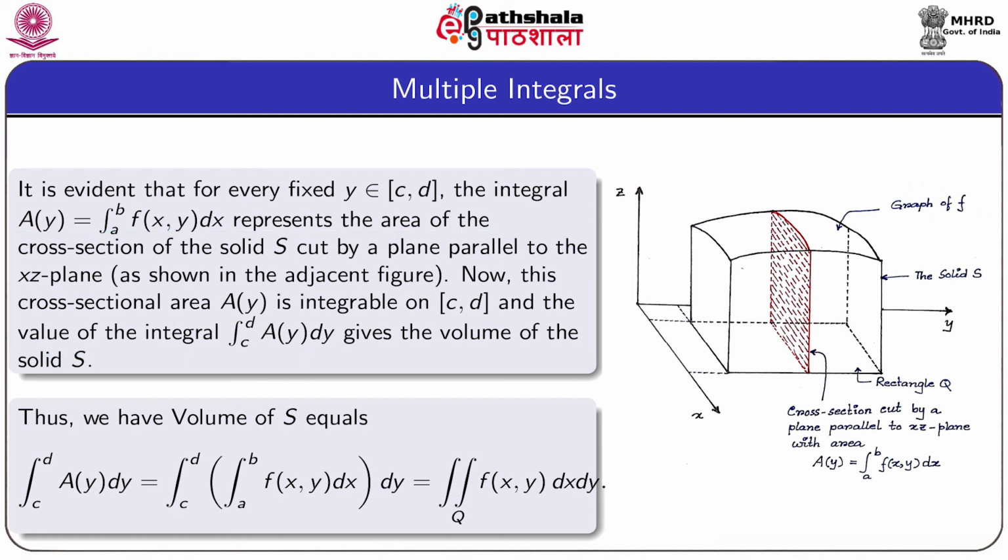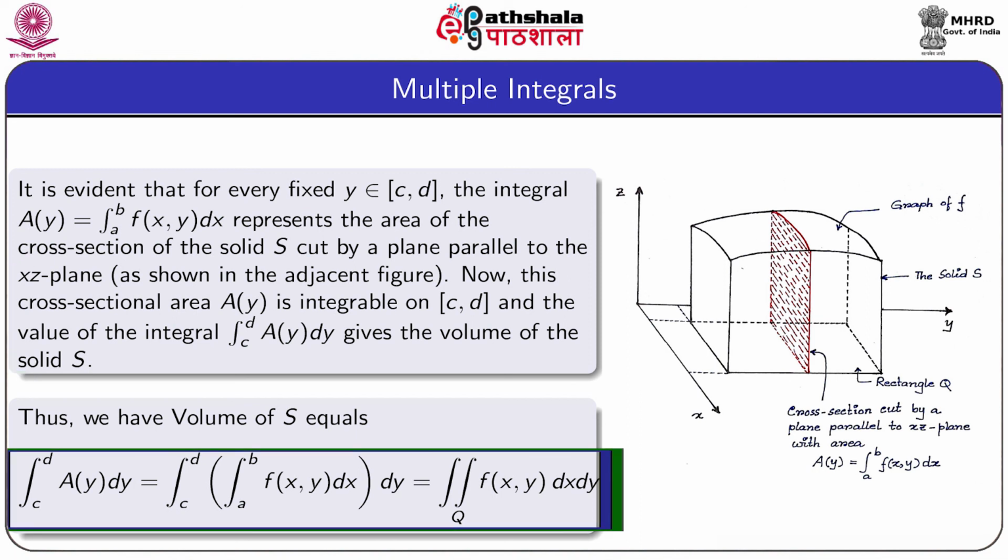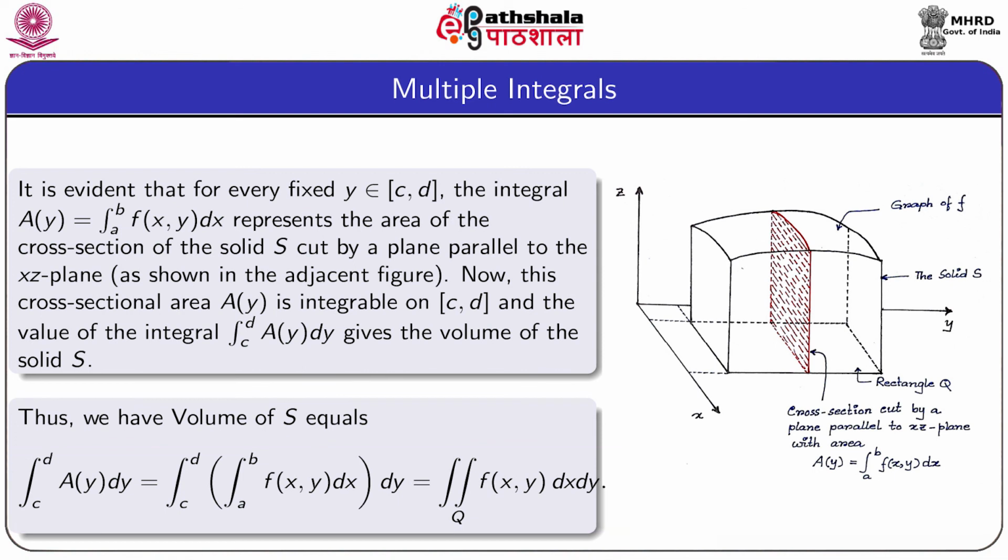Now, this cross-sectional area A(y) is integrable on the bounded closed interval [c, d], and the value of the integral c to d of A(y) dy gives the volume of the solid S. Thus, the volume of S equals the integral c to d of A(y) dy, which is the integral c to d of the integral a to b of f(x, y) dx dy, equal to the double integral over Q of f(x, y) dx dy.